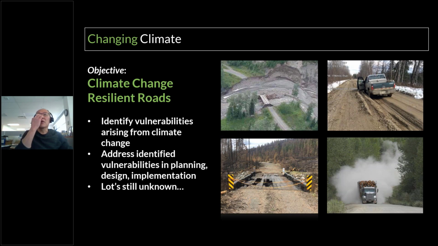We need to identify what vulnerabilities can be anticipated and then consider and address them in the context of the life cycle of the road. Some of the opportunities include building infrastructure that's resilient to climate change, mitigative measures such as implementation of dust control, or adaptive measures such as modifying how we conduct our activities, changing the seasonal timing to avoid operating when roads are soft.